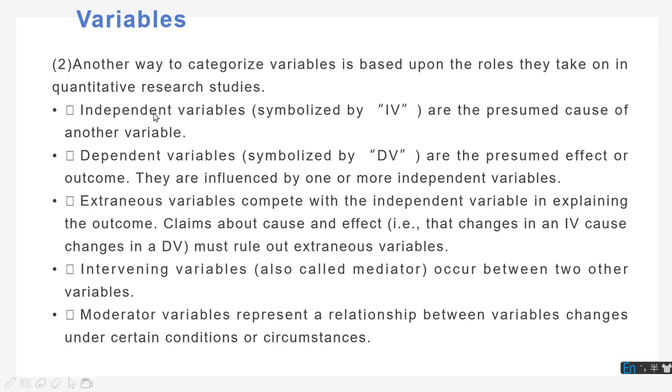First, independent variables, symbolized by IV, are the presumed cause of another variable. Dependent variables, symbolized by DV, are the presumed effect or outcome. They are influenced by one or more independent variables.